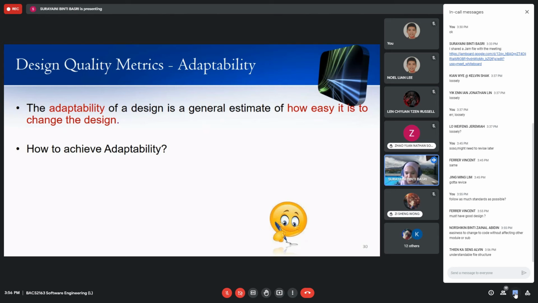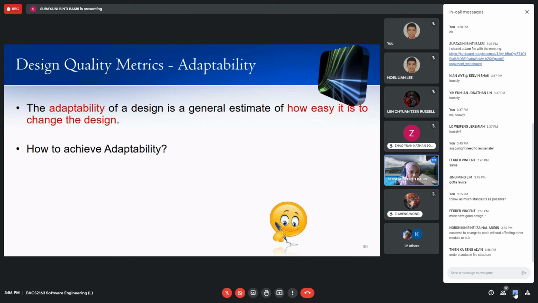Okay, understandable file structure. So Alvin said understandable file structure. I'm waiting for an answer from Celine. So Celine, my question is how can we make sure that our system has good adaptability?